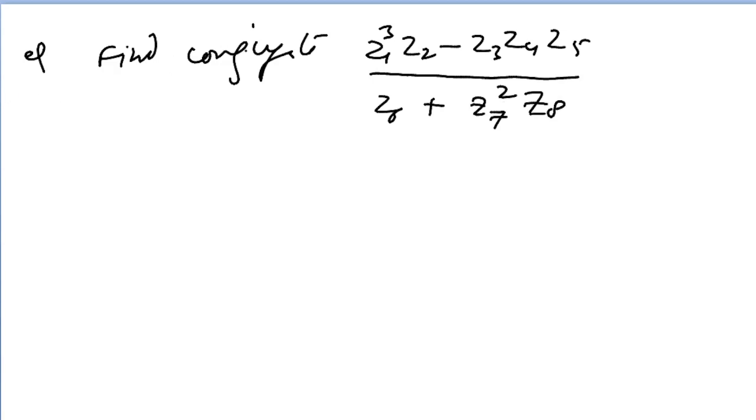So the conjugate of this one, the corresponding conjugate will be... let's say this corresponding complex number is w.